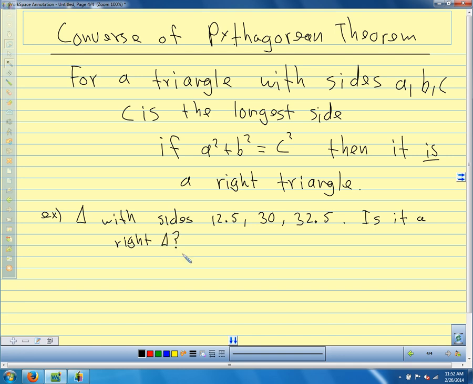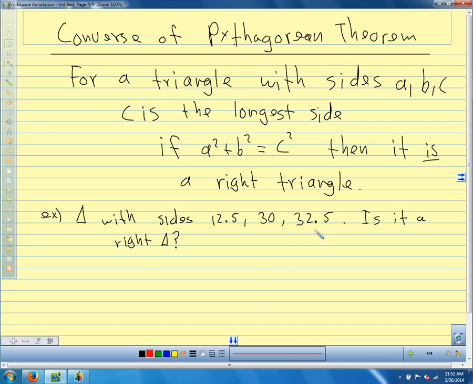Anytime a question is asking you, is it a right triangle, the real question is, do the sides work in the Pythagorean theorem? So we test it. With these side lengths, which side would be C?